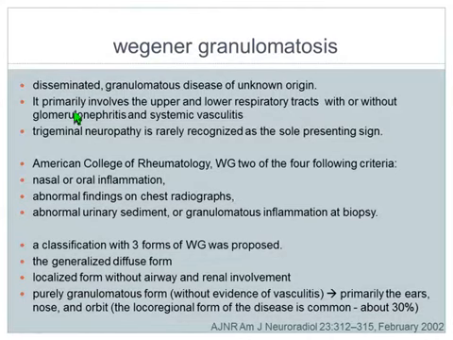Wegener granulomatosis is a granulomatous disease of unknown origin, primarily involving the upper and lower respiratory tracts. It could be associated with or without glomerulonephritis and systemic vasculitis. A trigeminal neuropathy is rarely the sole presenting sign.